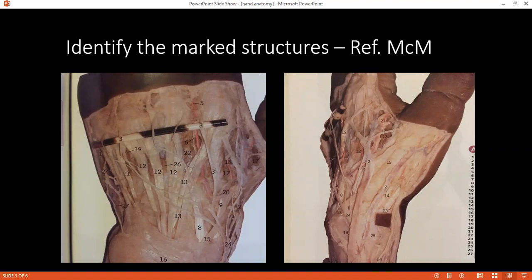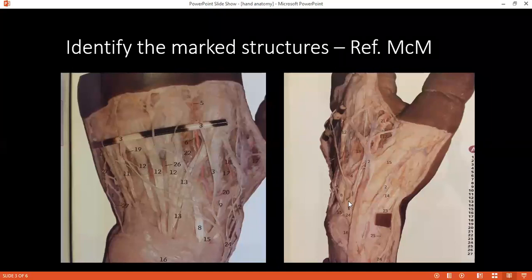Three muscles. Opponens pollicis. Yes. And two others? Flexor pollicis brevis and abductor pollicis brevis. Good. Which nerve supplies these muscles? Median nerve.